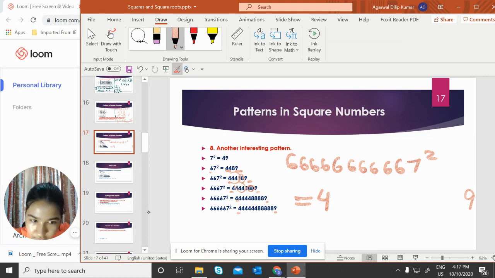Yes, 10 times. 1, 2, 3, 4, 5, 6, 7, 8, 9, 10. And how many times will 8 come? 10 times. So this will be the answer. Oh my god, it's very lengthy.